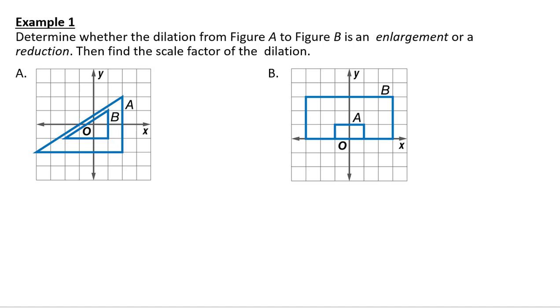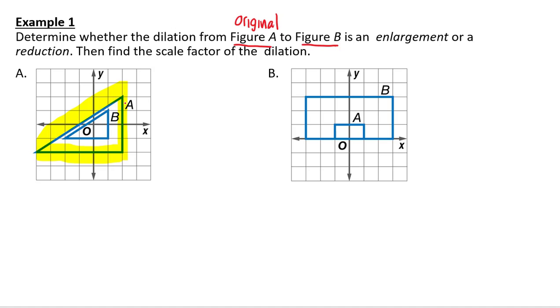Okay, so first example: determine whether the dilation from figure A, so this is my original, to figure B, that's my new one, is an enlargement or a reduction. Then find the scale factor. So A, let me highlight A here for you guys. A is that one.